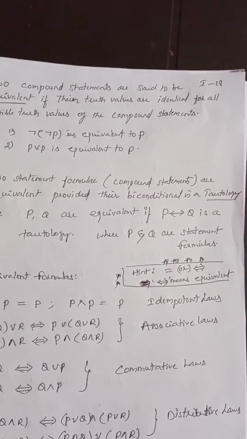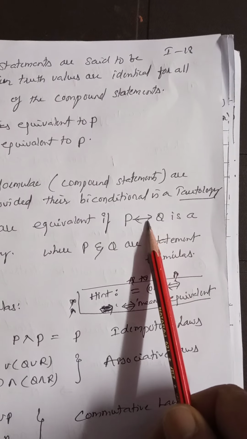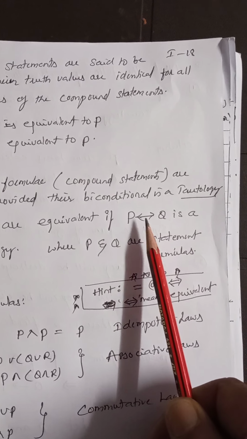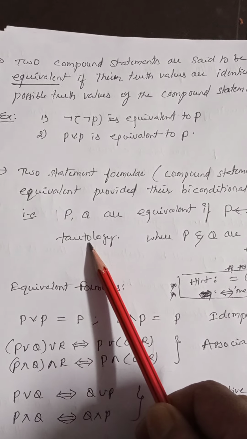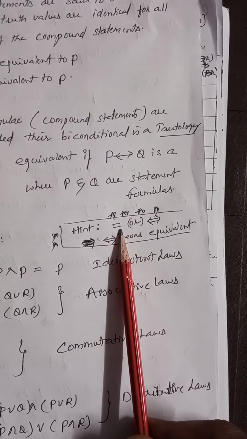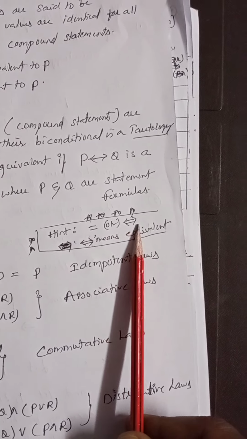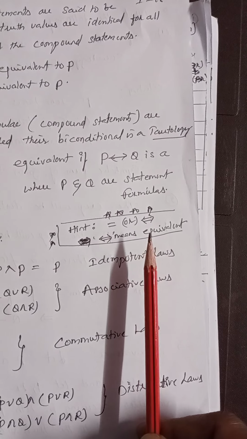Those two statements are equivalent if P implies and is implied by Q, that means if and only if, is a tautology, right? Now, these are the equivalence formulas you have to learn by heart. You can write it with an equal sign or a two-sided arrow with double lines, right? This is the symbol for equivalence.